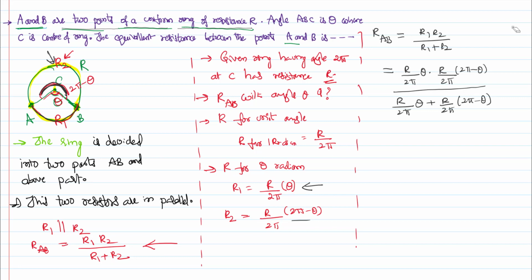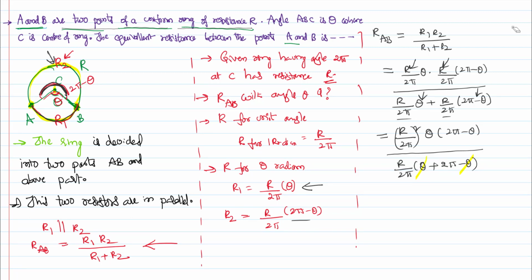So if I try to simplify that, R by 2 pi and R by 2 pi in the numerator, whole square, into theta into 2 pi minus theta, by, I can take R by 2 pi common here. Here is theta, here is 2 pi minus theta. So if you notice little carefully, this theta and this theta are same, so that can be cancelled.